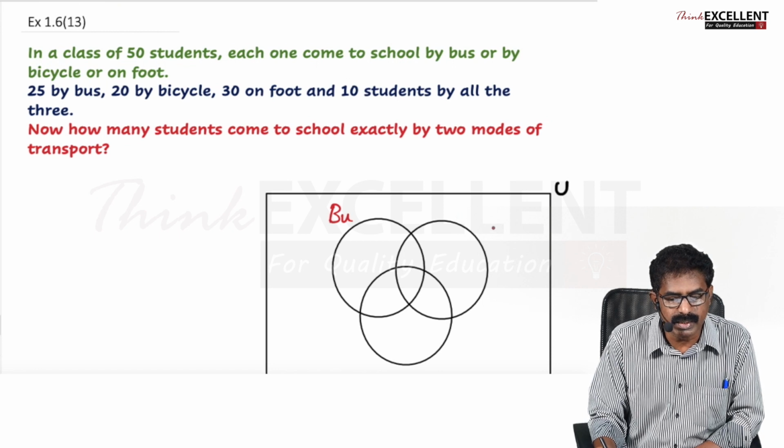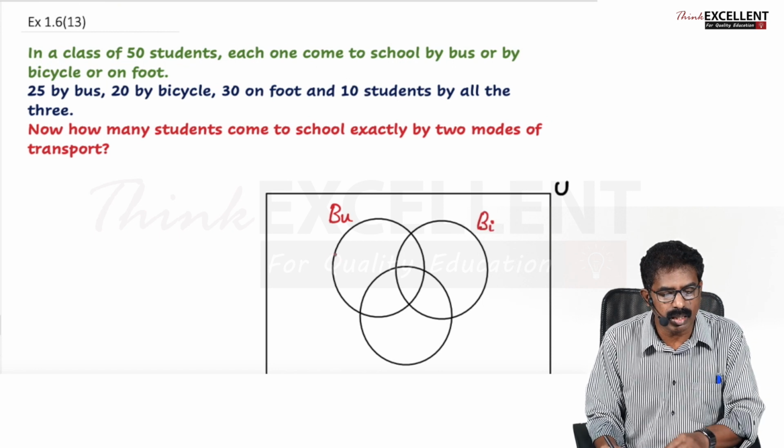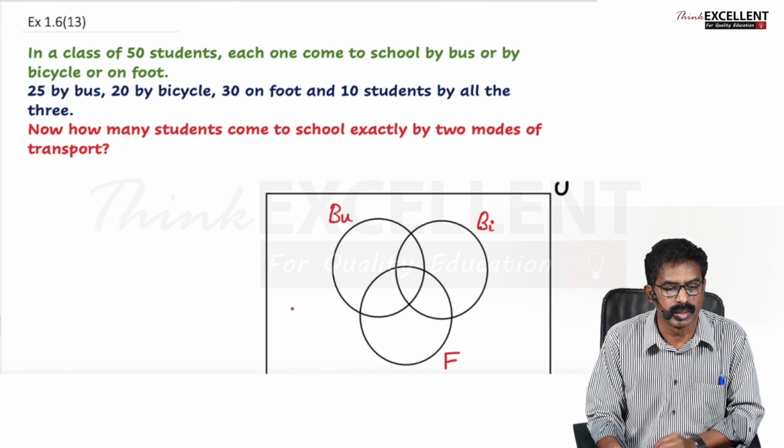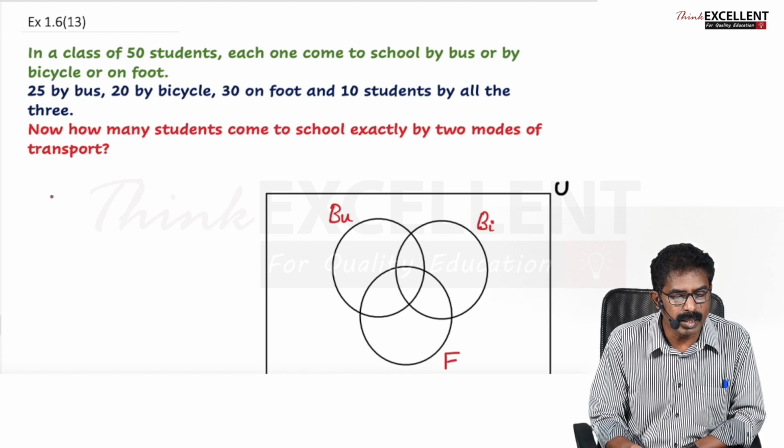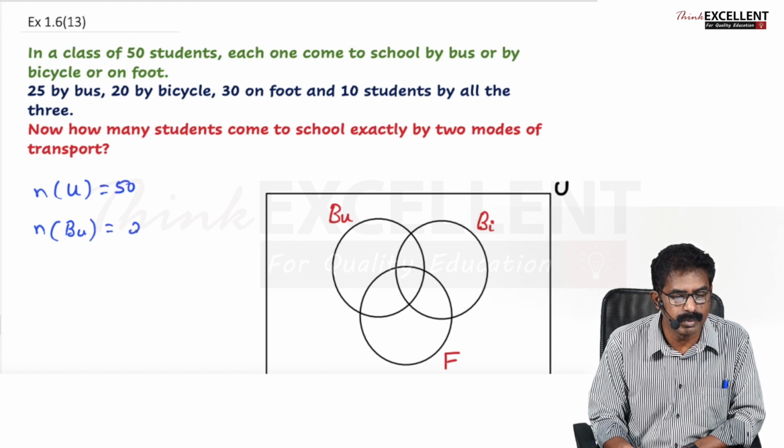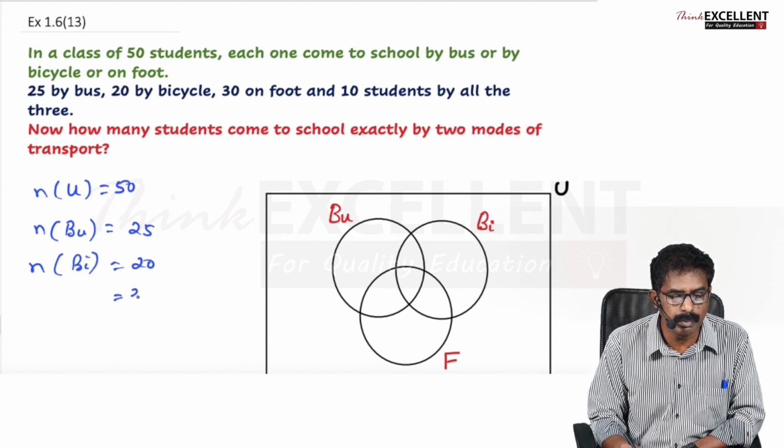Bicycle, BI I am taking. 25 by bus. So in a class of 50 students, you know n of u, the class strength, is 50. So n of BU, by bus, how many students? 25. 20 by bicycle and 30 by foot.